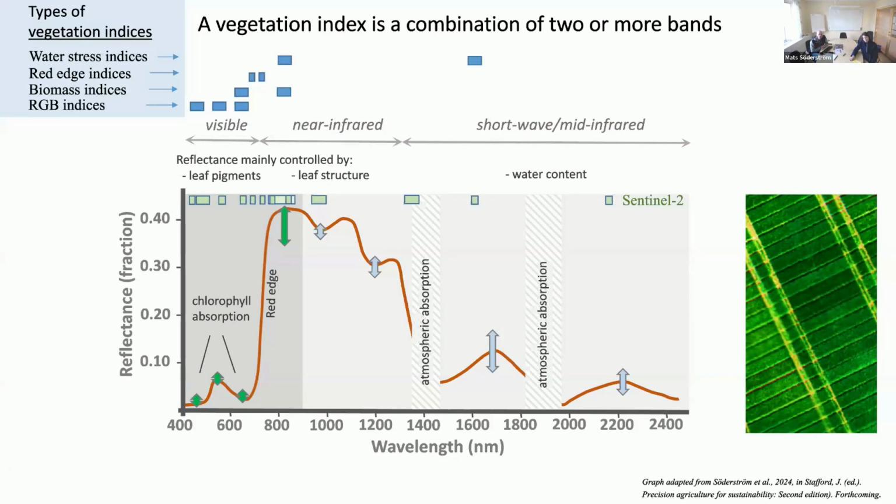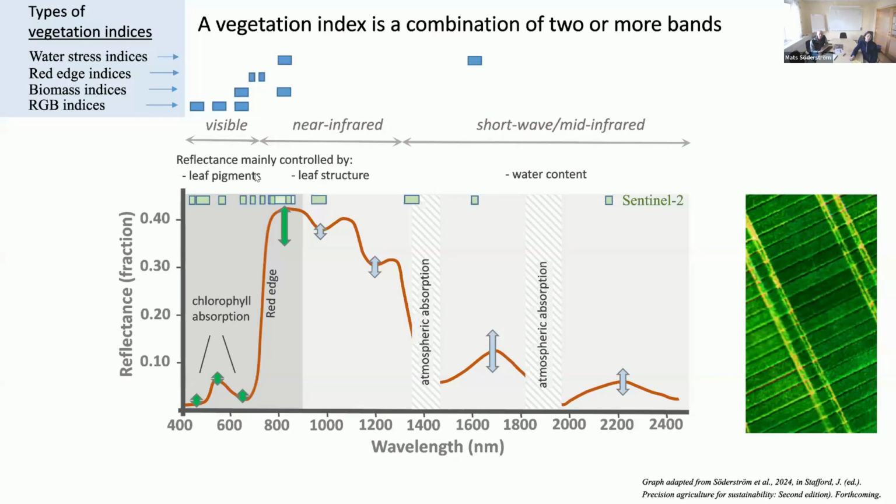It's a very central part of remote sensing, of course. In the upper part of the picture here, you can see some examples. There are different types of vegetation indices, and they are trying to pinpoint various crop properties when we talk about agriculture.